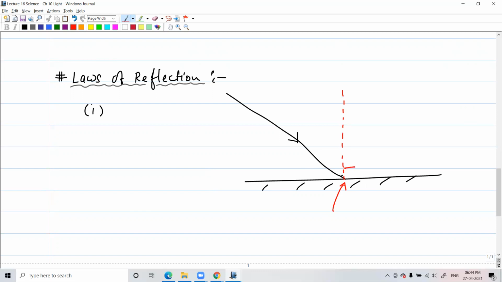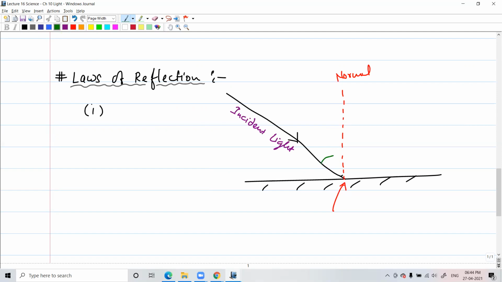Normal means always perpendicular to the surface. When you draw the normal, the angle made by the incident light with the normal, whatever it is.